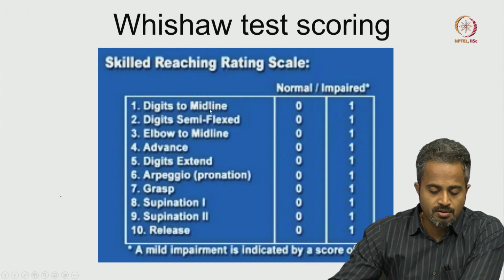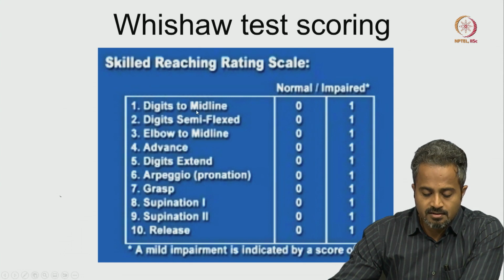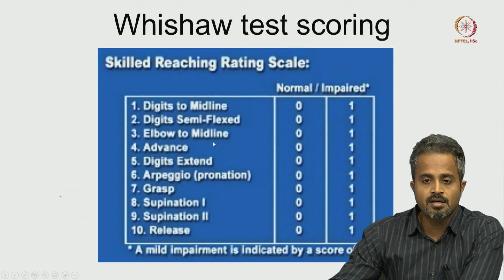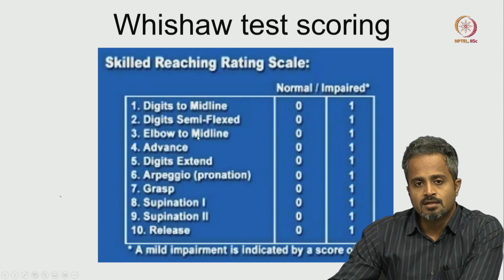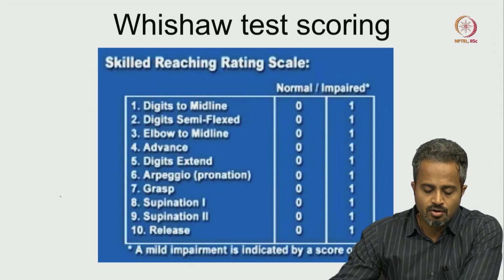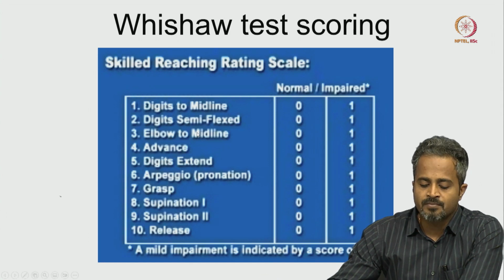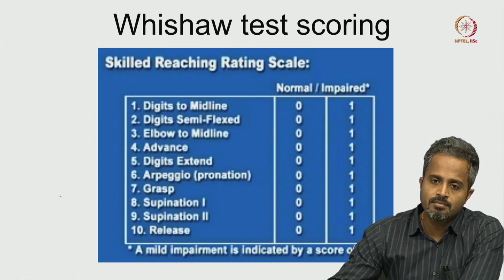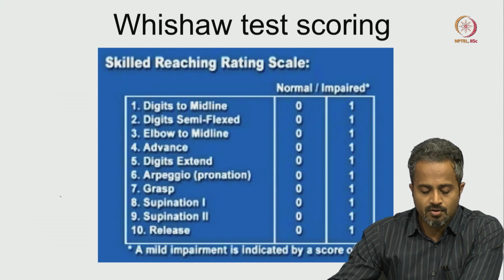So obviously you need to observe the movements occurring at the level of the digits, and see if the digit moves to the midline, and whether it is really semi-flexed, and whether the elbow is reaching the midline. And that is why the angle of your camera matters so much. You need to observe all these subtle differences in the posture of the limb as well as the body of the rodent.